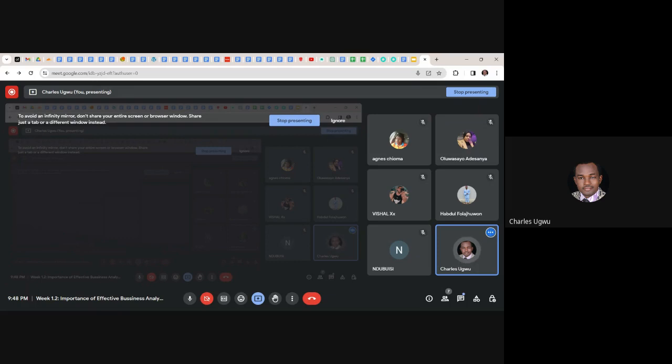Business analyst is a trade of its own. As a business analyst, you are a software engineer, because you capture the requirements. You talk to the business leaders, and they tell you what they want.